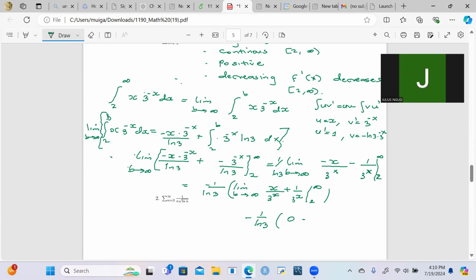So 0 minus, then when x becomes 2, I put another parenthesis: 2 over 3 to the power of 2 plus 1 over 3 to the power of 2. Because of the minus, I will get it positive, and I'll have 2 over 3 squared plus 1 over 3 squared, that's just 3 over 3 squared. So I'll have 3 over 9 times ln of 3, which is just 1 over 3 ln of 3. And that's a number. That means that the integral converges.